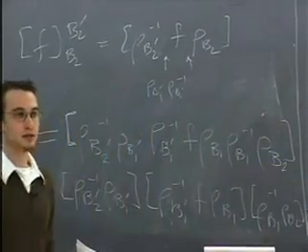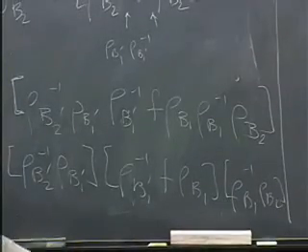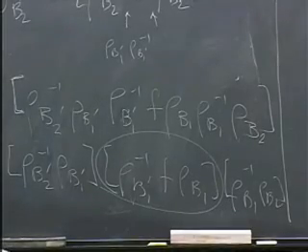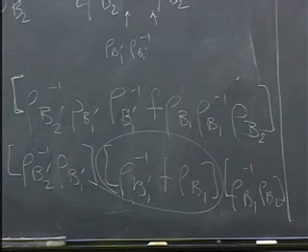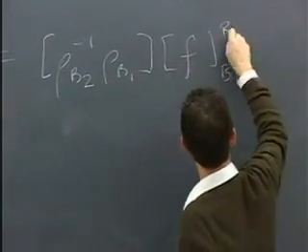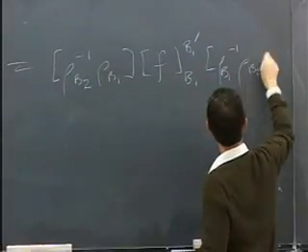Why did I do this? Well, stuck in the middle here is F with respect to the bases B1 prime and B1. This thing is exactly equal to rho B1 prime inverse rho B2 prime, inverse, times F with respect to B1 prime and B1, times rho B1 inverse rho B2.